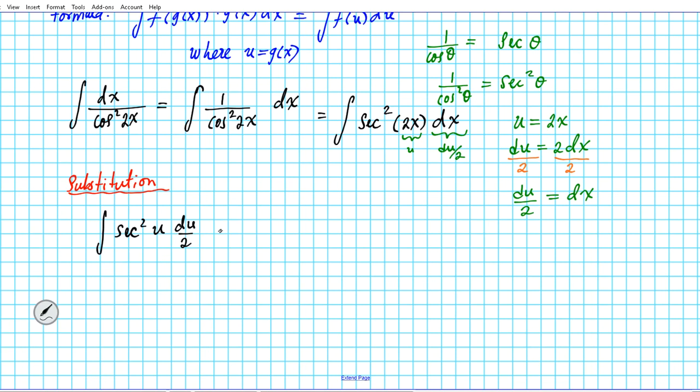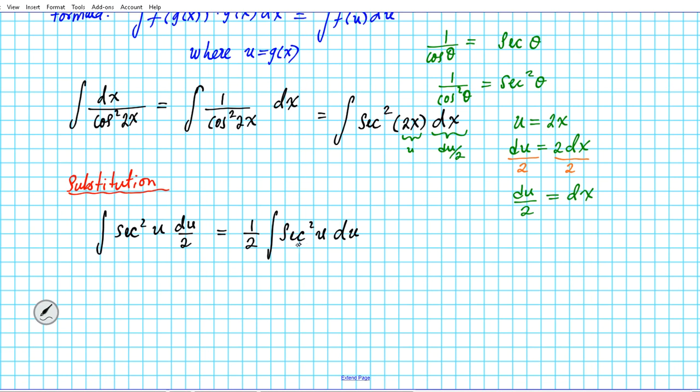Now let's factor out the 1/2 multiple there. So we have 1/2 times the integral of secant square u du. Whenever possible, factor out multiples or coefficients or negative signs from your integrand, because it simplifies the process considerably.